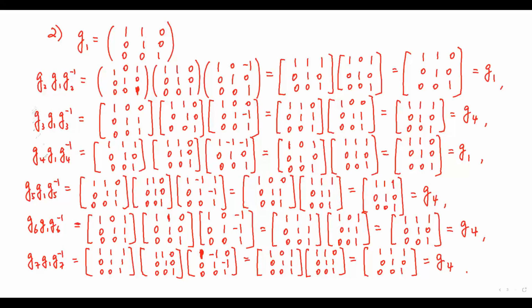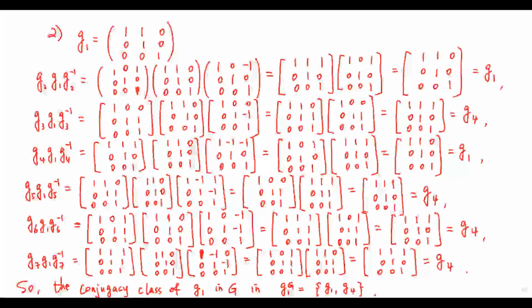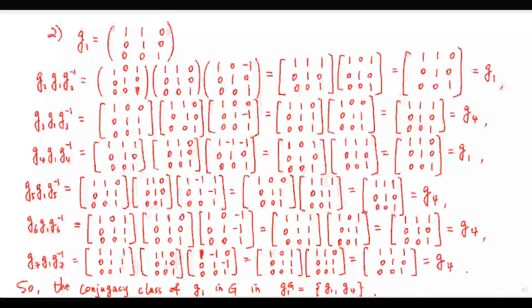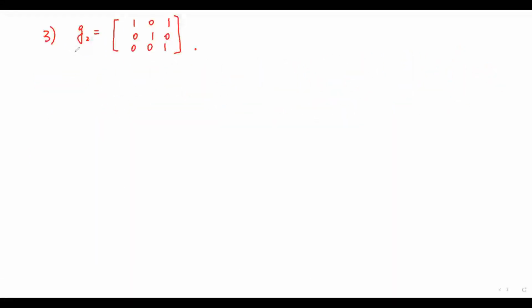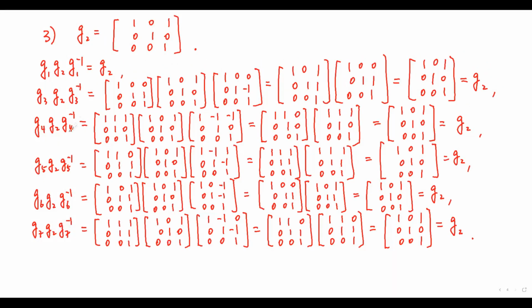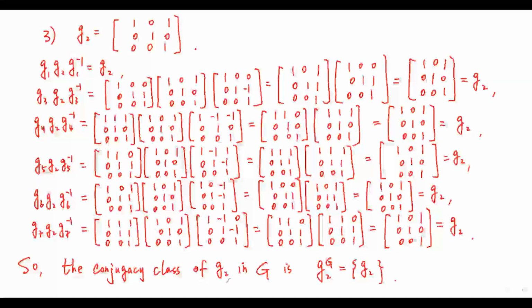Then we get those identities. Those identities imply that the class of g1 in G is g1 and g4. Then consider g2. Then we get those identities. So the class of g2 in G is just g2.